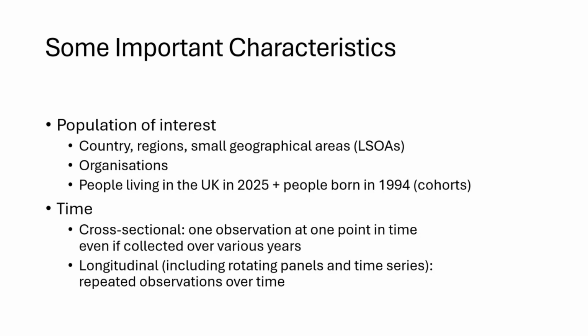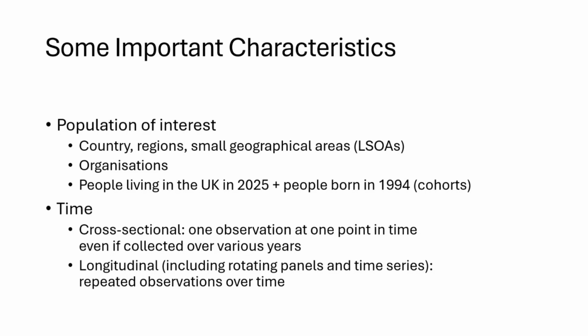There are also data sets which are about people born at a certain time. Depending on what you want to do, you will be able to answer a research question with one type of data or not. For example, the UK Labour Force Survey is about people living in the UK at a certain point in time. So if you use this data set, you will have people of all different ages. Some will work, some won't.